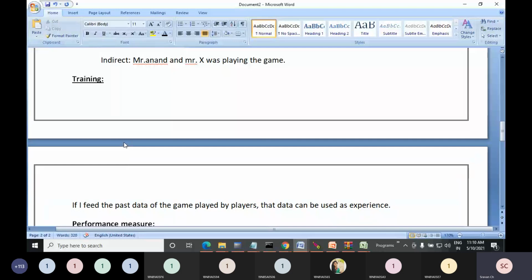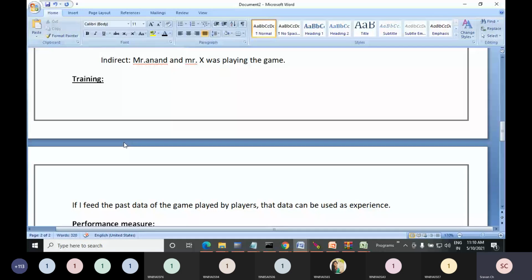So training means continuously giving the data, continuously feeding the data. So you train and the model gets experience. Training and experience are closely related. Training produces experience.